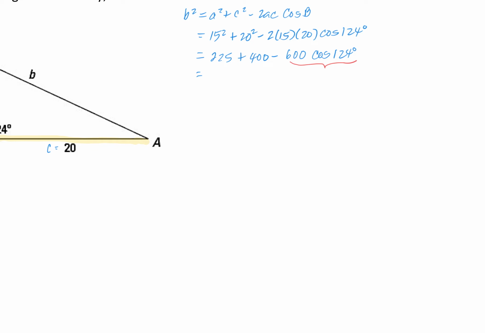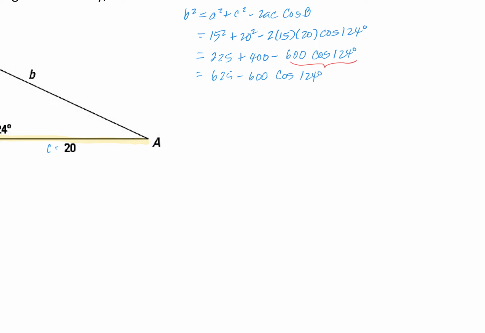Now you can add the 225 plus 400 to get 625 minus 600 cosine of 124 degrees. But you don't want to do the 625 minus the 600. You have to do the 600 times the cosine of 124 degrees separately. So this is not the same as 25 times cosine of 124 degrees.